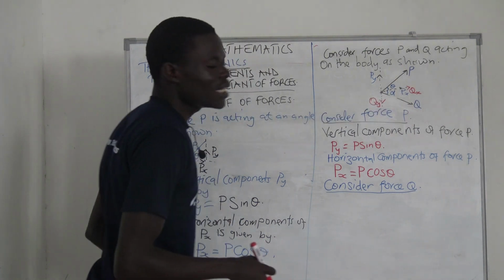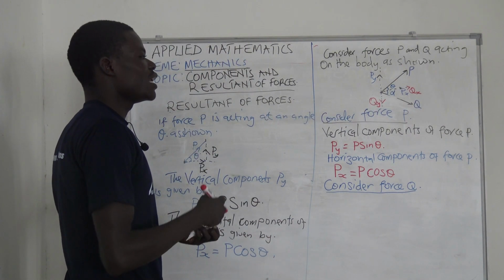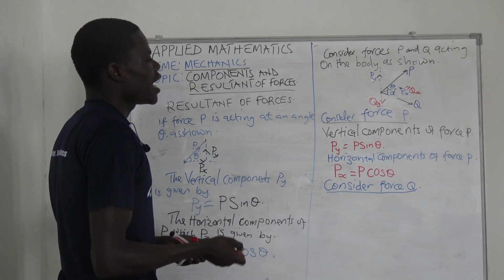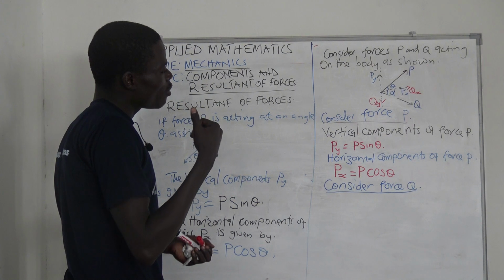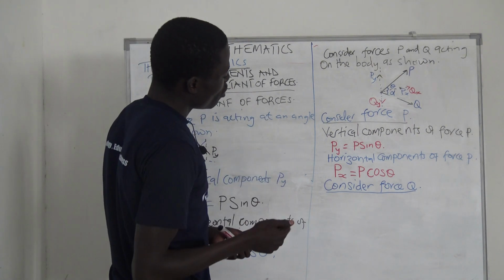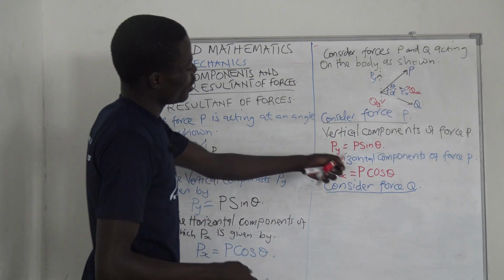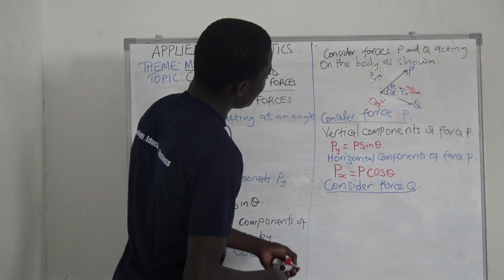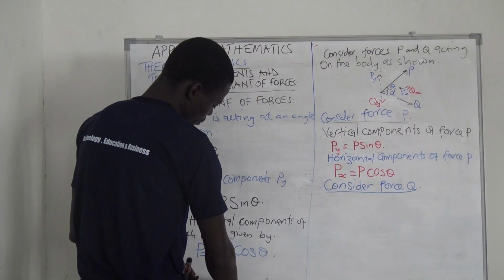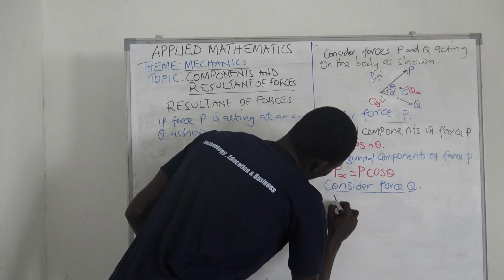But in calculating the components, we are using the same formula: its angle times the force. For vertical, it is the sine of its angle times the force; for horizontal, the cos of its angle times the force. Let us start with the vertical component.